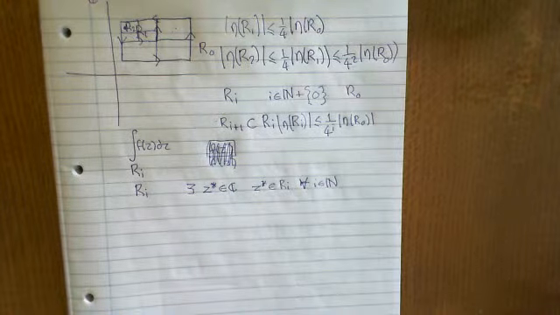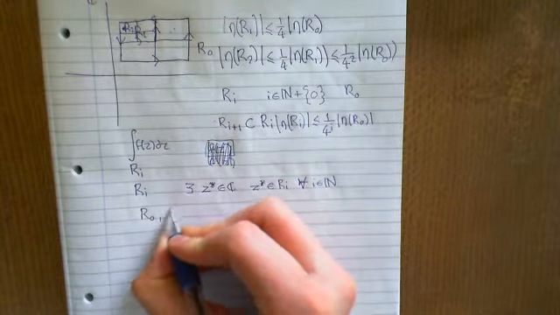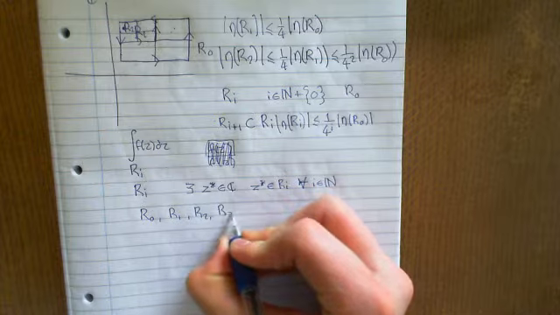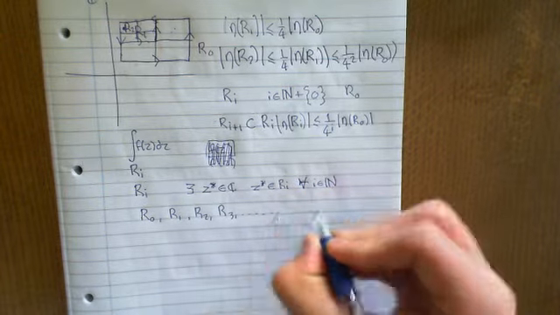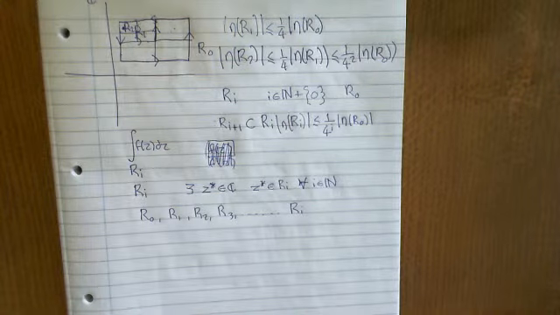Now, how can we prove that? So what's the definition of convergence? Well, we've got this sequence, R0, R1, R2, R3, and so on. So we can go on and on and on to the ith term.